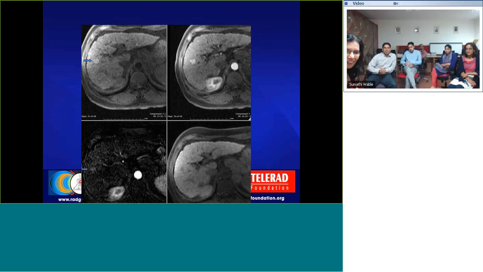I'll let you look through those. With hepatocellular agents, HCC is supposed to not behave like normal liver cells, and therefore it is going to wash out. But anything that is not normal liver cells is going to wash out. So that is something you have to bear in mind.